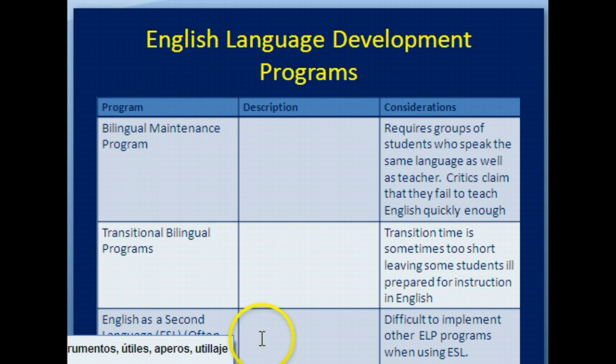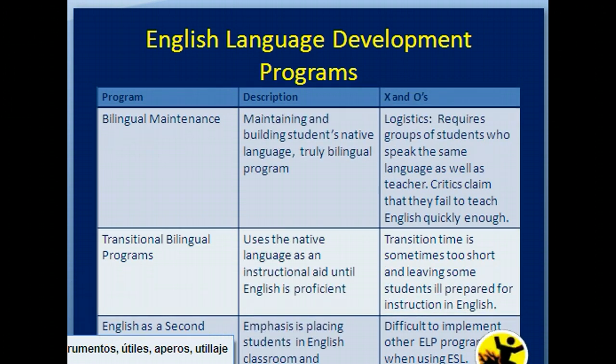See if you can provide the description for those. Also, please note the considerations column on the far right. And after you've done that, then go on to slide 24 and you can see the answers for that.